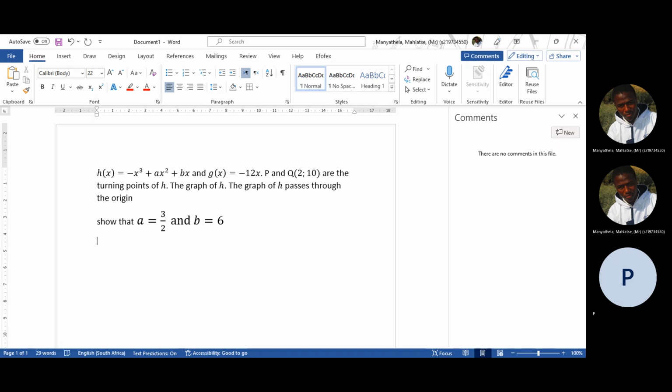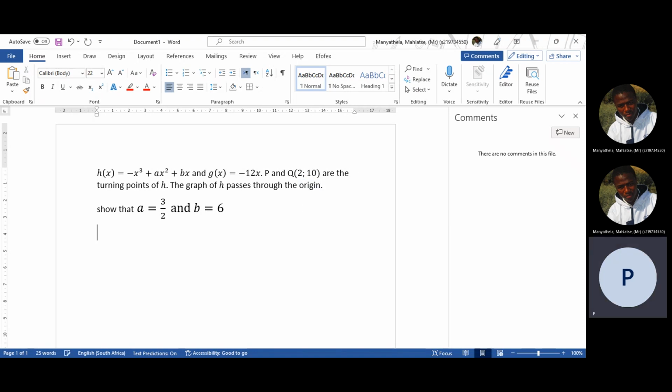And they are telling us that P and Q are the turning points of H. We're having the coordinates of Q, but of P we don't have. The graph of H passes through the origin.